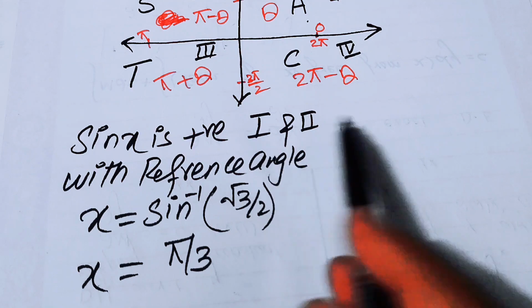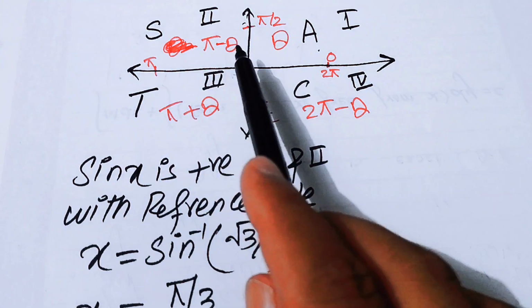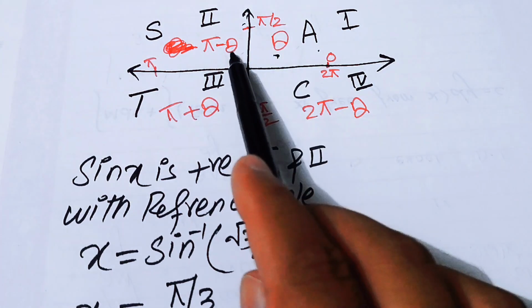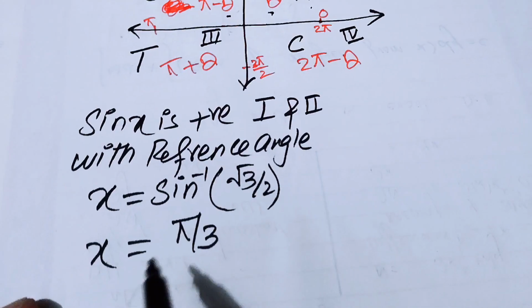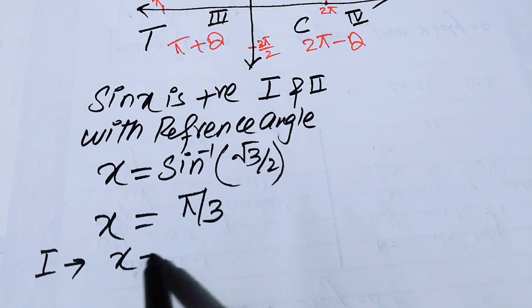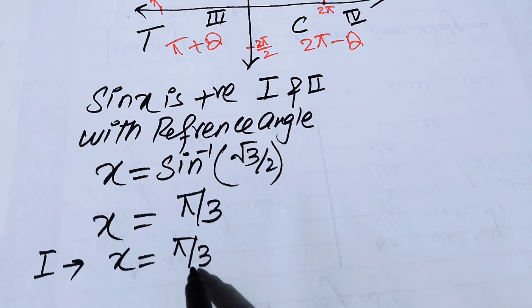The angle in the first quadrant is theta, the angle in the second quadrant is pi minus theta. Here this theta is the reference angle which I can find here. So in the first quadrant, x is equal to theta, or the reference angle, so x is equal to pi by 3.